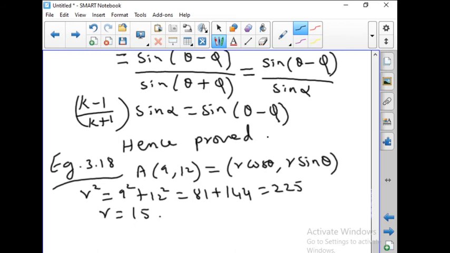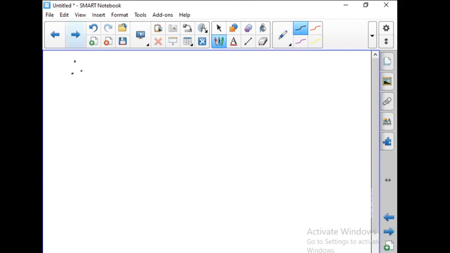So, r is equal to 15. So, what about the point A now? Therefore, A is what we have got: r cos theta, r sin theta. So, 15 cos theta, 15 sin theta. Now, what is said?